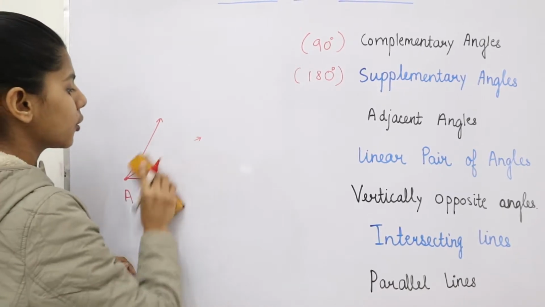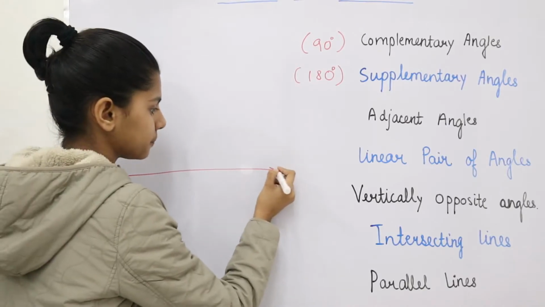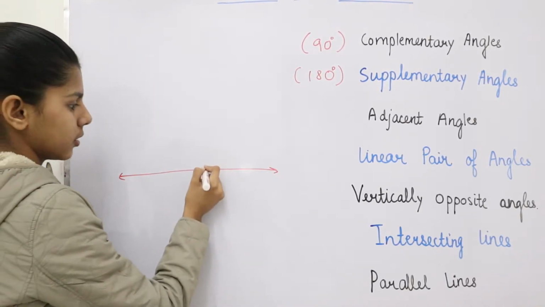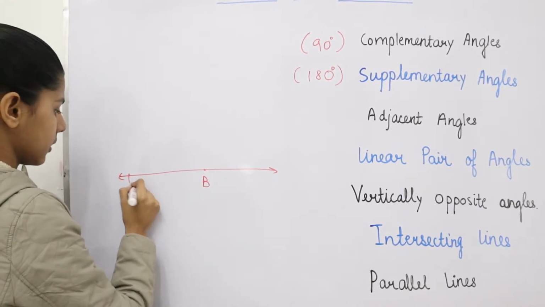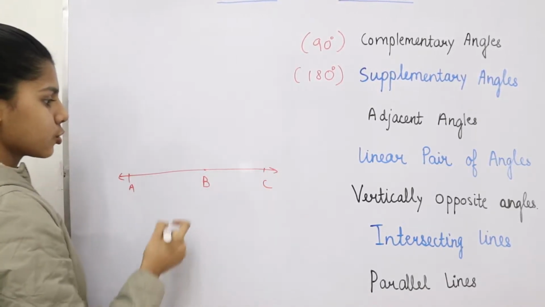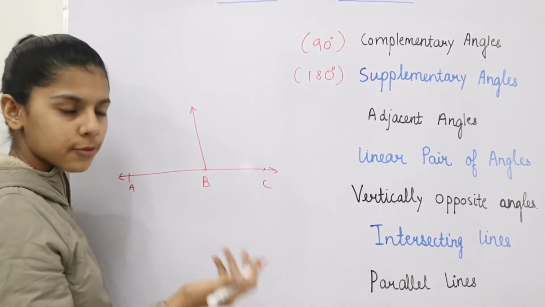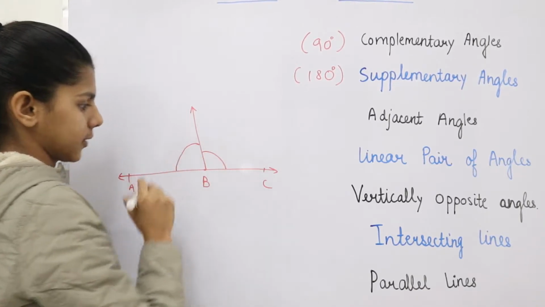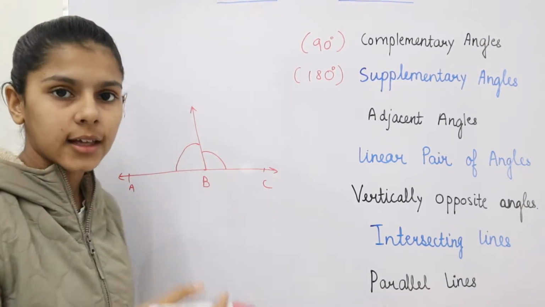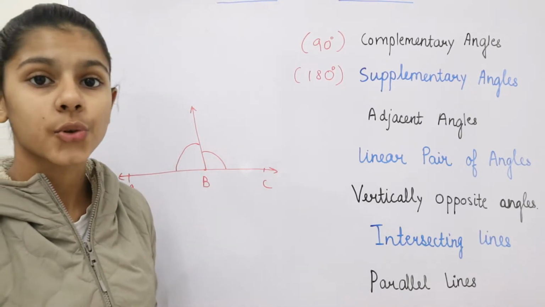Then linear pair of angles. Linear pair means angles on a straight line. So let's say this is point B and this is A, this is C. So if a ray is standing on the line, two angles will be formed here. One is this one and one will be this one. So the sum of both the angles will always be equal to 180 degrees. As you know, what is a straight angle?